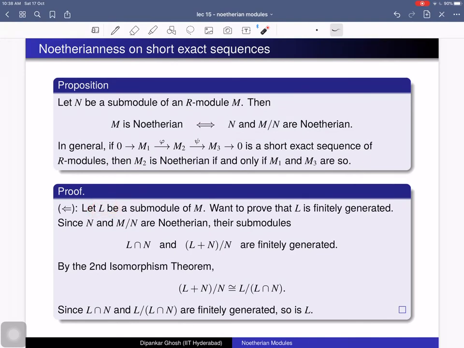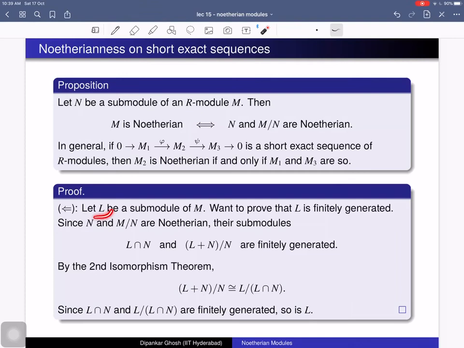We can have two submodules: one is a submodule of N, another one is a submodule of M mod N. L is a submodule of M, so L need not be a submodule of N, but if we consider the intersection L intersect N, this is a submodule of N. And you cannot directly consider L mod N always, because N need not be a submodule of L, but if you consider L plus N, then this is a submodule of M which contains N. So therefore you can consider this quotient module.